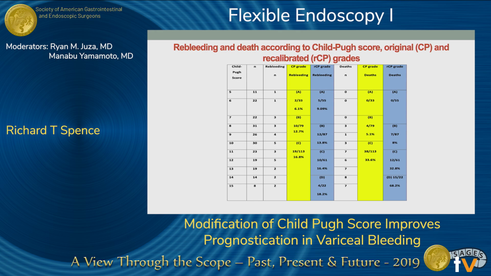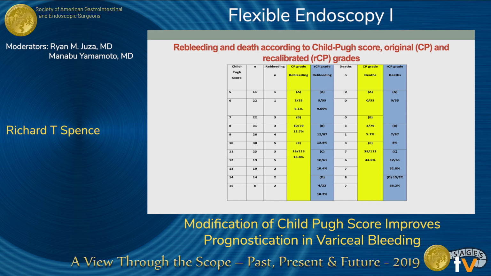In the first column, rebleeding, the percentages initially show a stepwise increase: 6.1, 12, to 36% in the rebleeding groups. And in our recalibrated score, we didn't lose that stepwise increase, and particularly in group C, 16%, similar to the original group C, but an increase in group D of 18%.